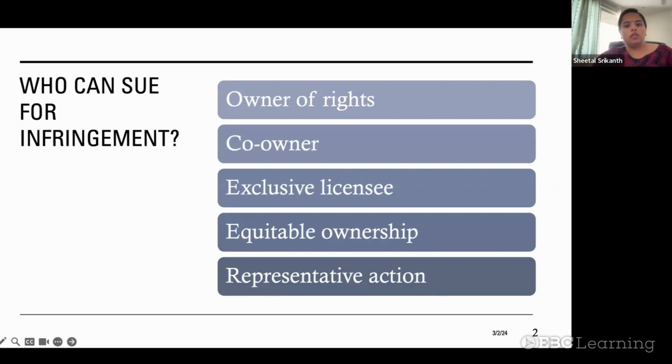So in terms of locus standi, when you are in a position of initiating legal action, you have to first think about who is entitled to initiate the action and whether there are any co-owners involved, right? I'll give you an example of where this becomes relevant.